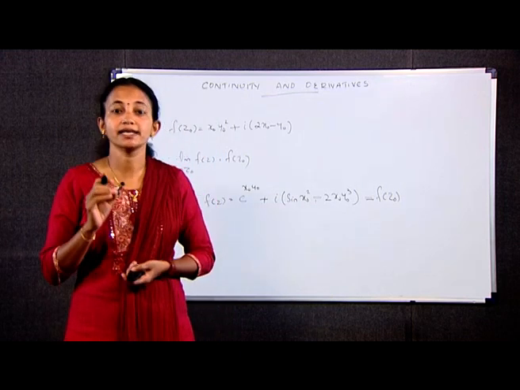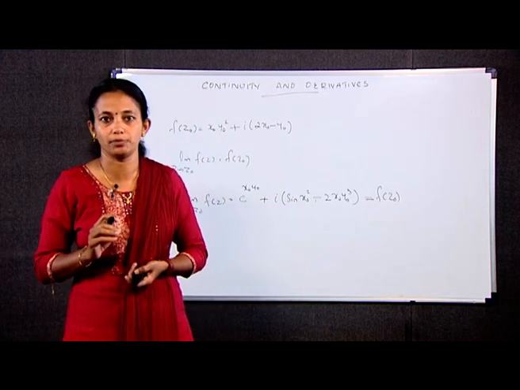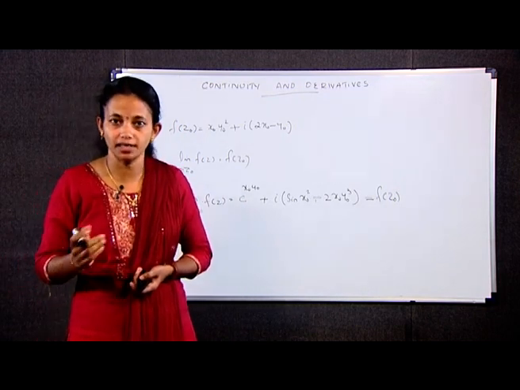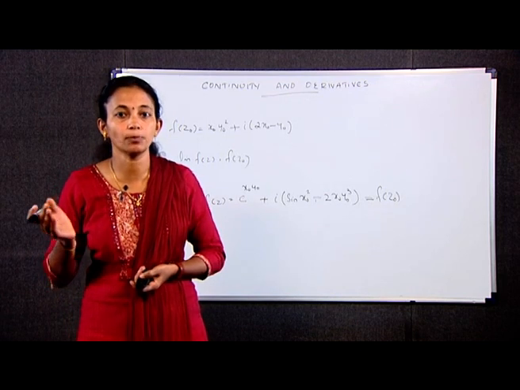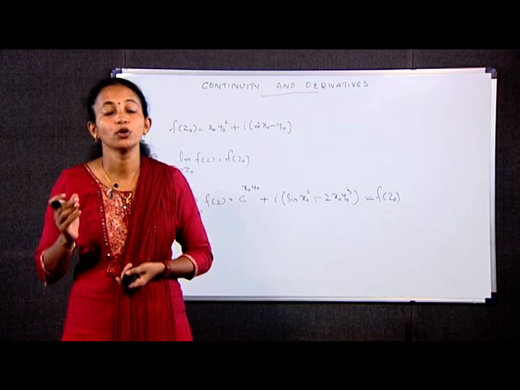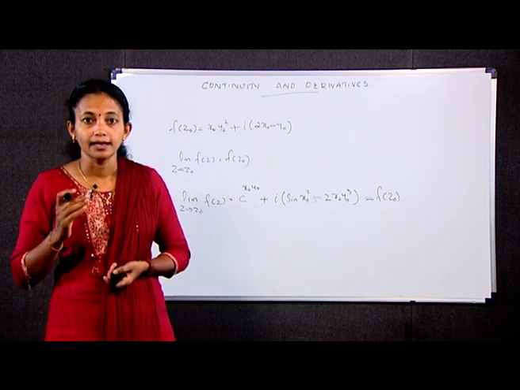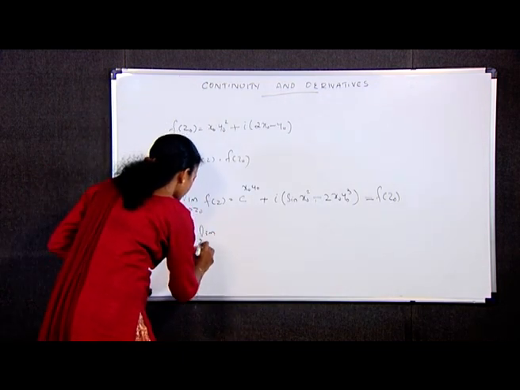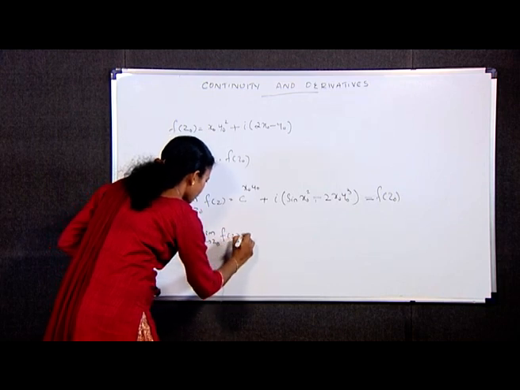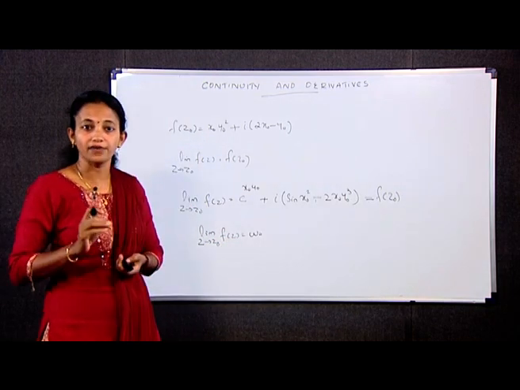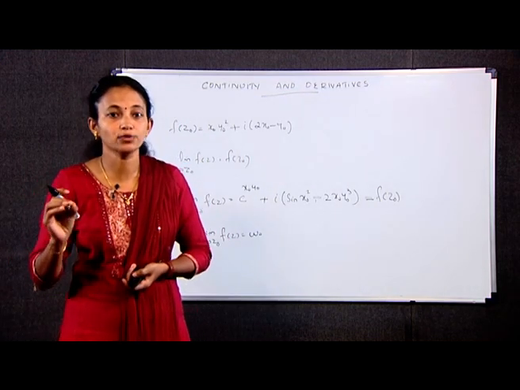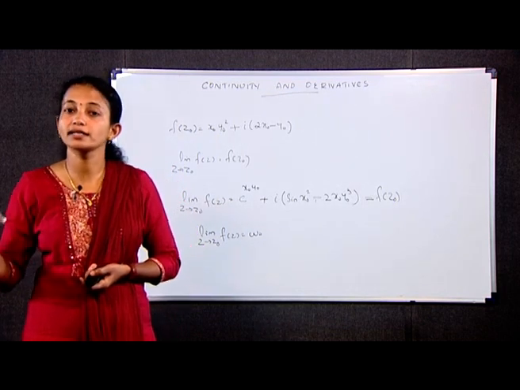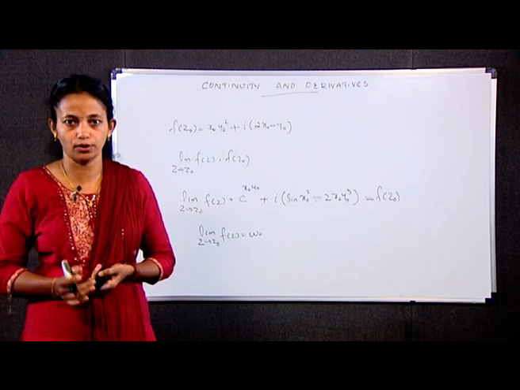We recall result in the case of limit of functions of complex variable. Suppose that f(z) is equal to u(x,y) plus i v(x,y) and also z0 is equal to x0 plus i y0 and w0 is equal to u0 plus i v0. Then limit z tending to z0 of f(z) is equal to w0 if and only if limit (x,y) tending to (x0,y0) of u(x,y) is equal to u0 and limit (x,y) tending to (x0,y0) of v(x,y) is equal to v0.